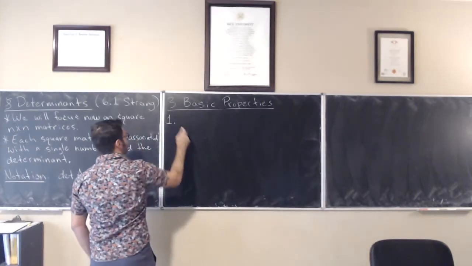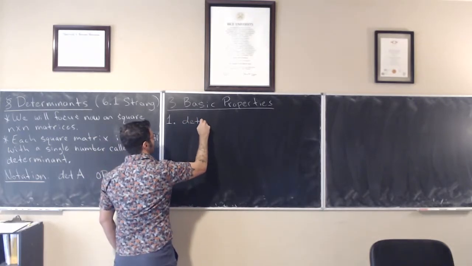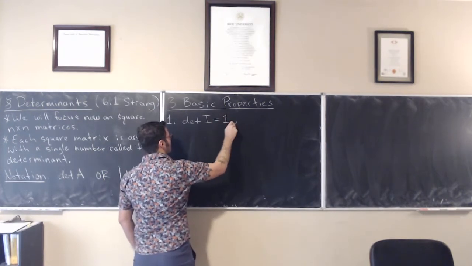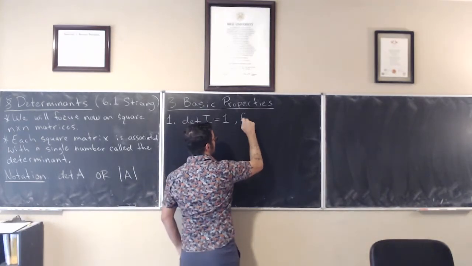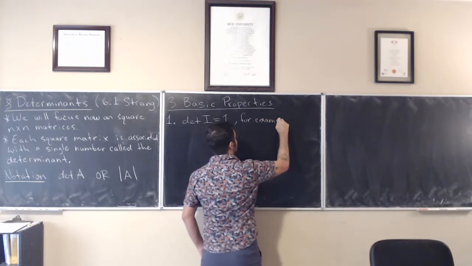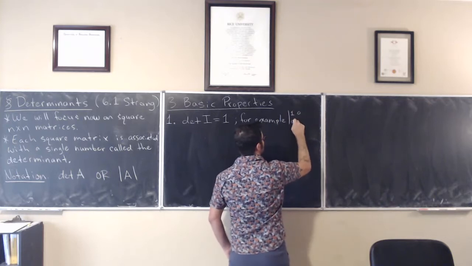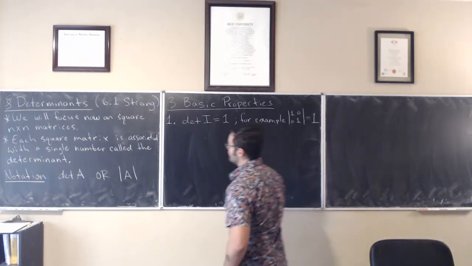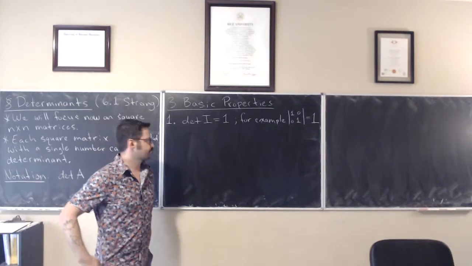So number 1, the determinant of the identity matrix is equal to 1. Or using this bar notation, for example, okay, so that's property 1. Determinant of the identity is equal to 1.